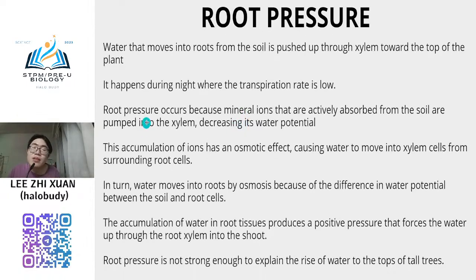Okay, so normally root pressure occurs because your mineral ions are actively absorbed. I just mentioned this, right? Absorption by the root. At that time, your mineral ions are actively absorbed from the soil and pumped into the root xylem, decreasing its water potential.